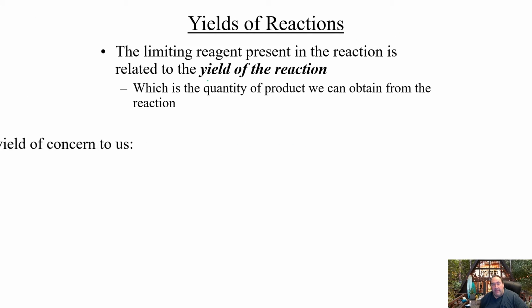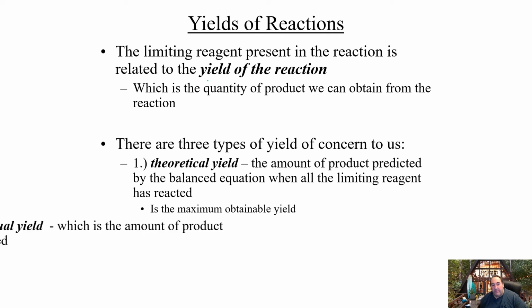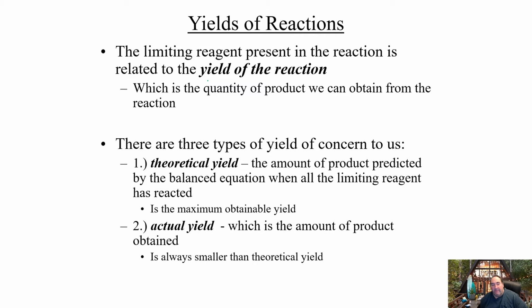So there's a few different types of yields, and let's talk about some of the differences between them. The yield of a reaction, as I mentioned, is a product and how much product you produce. The theoretical yield, which is what we've been calculating, is the maximum amount of product that you should produce in a chemical reaction.